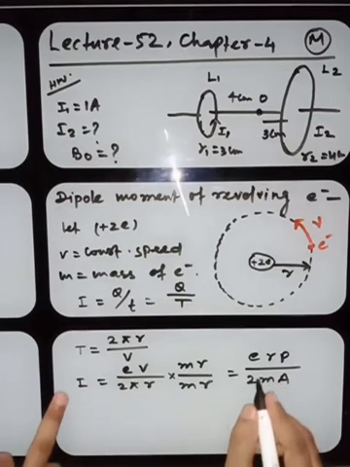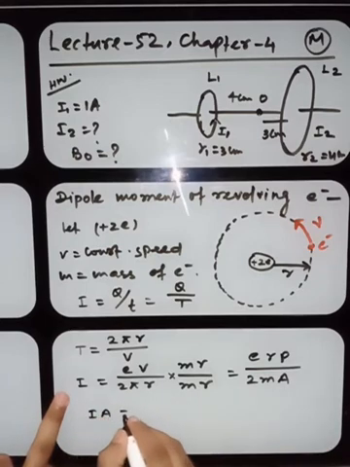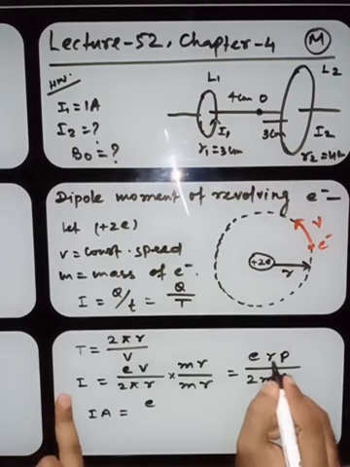Now this can also be written as I times A equals e times r p divided by 2m.